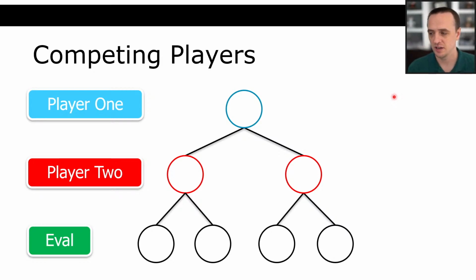Every action in a single agent search belongs to the same agent, right? It belongs to the only player of the game. When we're talking about now having two players in a game, and those players are competing, and again, this only applies to alternating move games, we have one player doing one set of actions, and another player doing another set of actions.